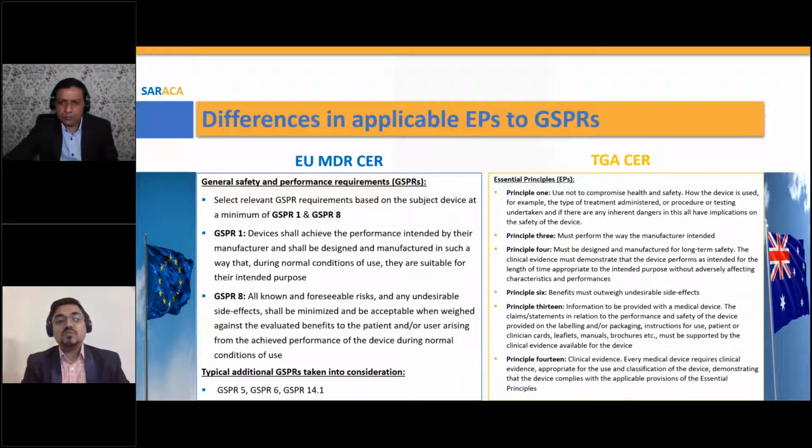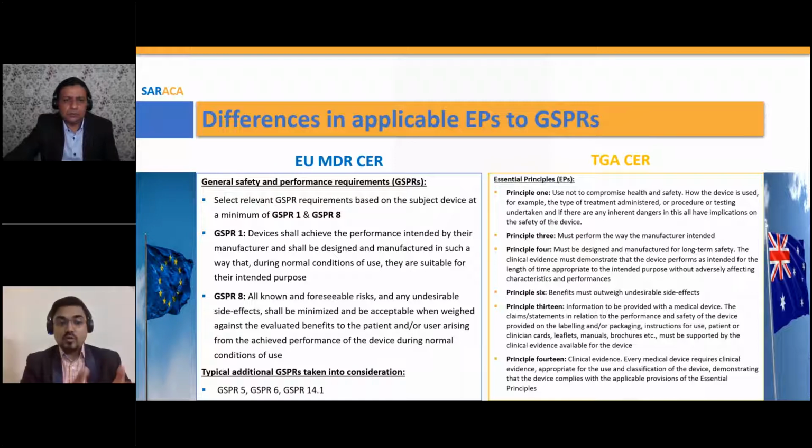Then if you go to GSPR 8, foreseeable risk is a very well-known term nowadays, a new term for the medical device industry. Wherever you go, like in ISO 14971, the 2019 version put a very strong emphasis on this word, foreseeable risk.